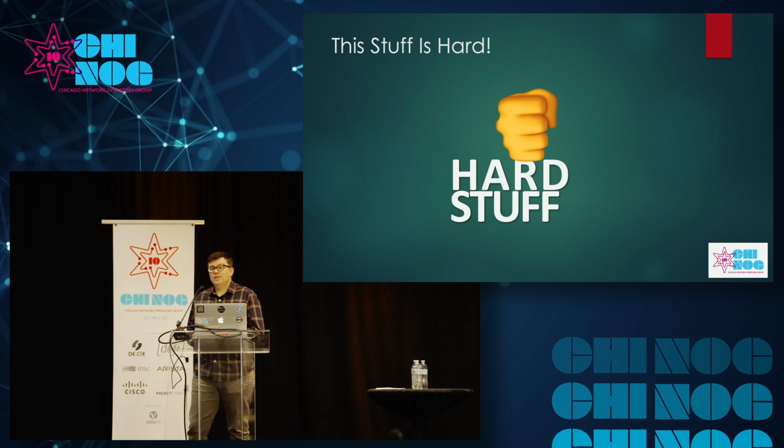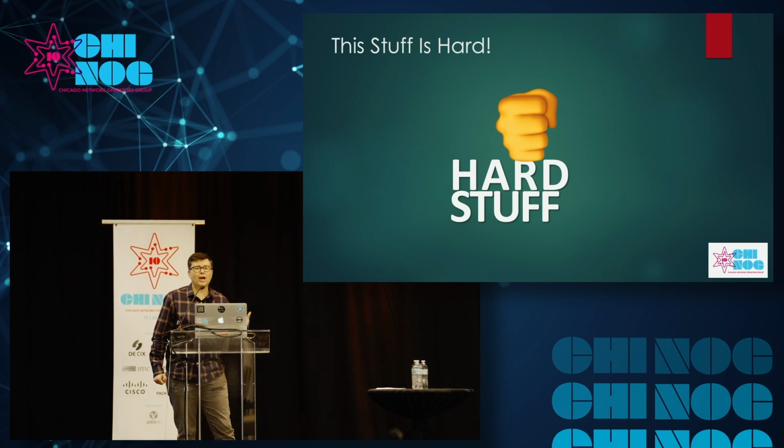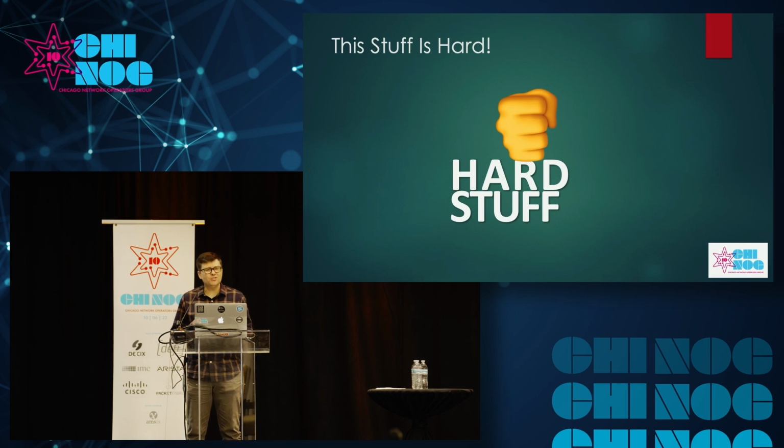Now, this is going to be hard stuff, and it's not necessarily hard like rocket science. It's not something like, wow, I can't get my head wrapped around this. It's hard because it requires a lot of effort. It requires a lot of discipline. It requires rigor. And there isn't really a one-size-fits-all or a here-it-is solution.